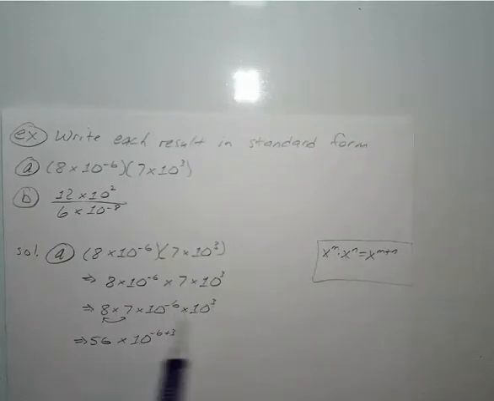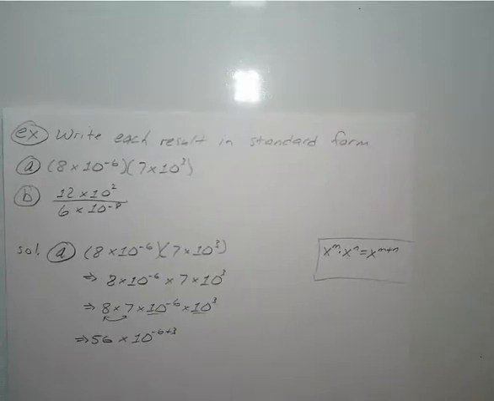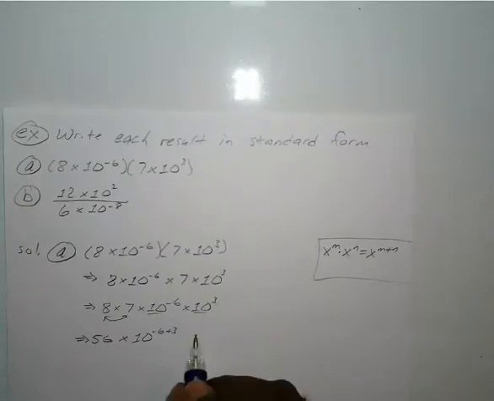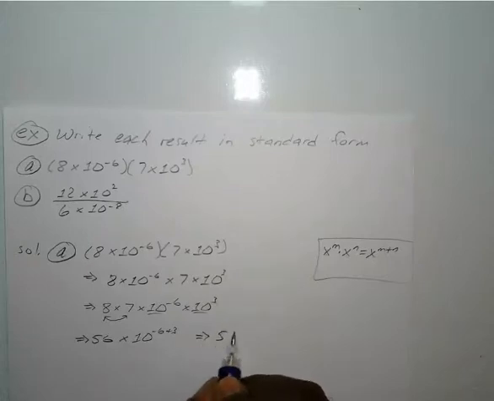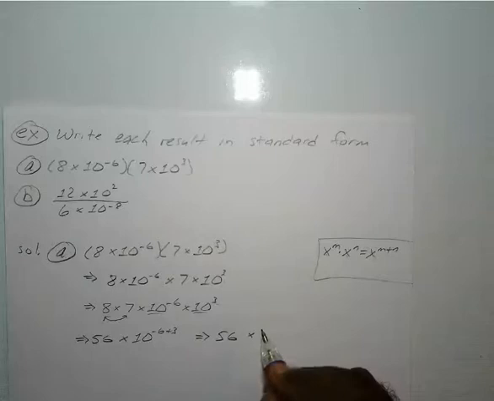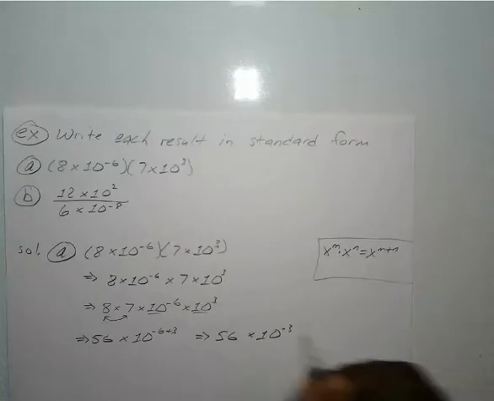We just add those exponents since they both have the same base. Okay, and that will give us 56 times 10 to the negative 3.